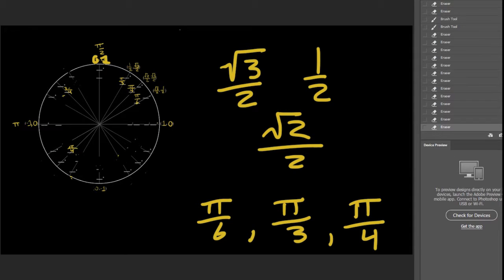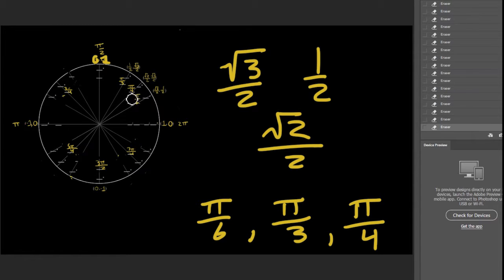Then you get to the next one, 5 pi over 4. Then 6 pi over 4, which simplifies to 3 pi over 2, like 1.5 pi. Then you get down here, that becomes 7 pi over 4. And then you go down here, and that becomes 8 pi over 4, which goes down to 2 pi.